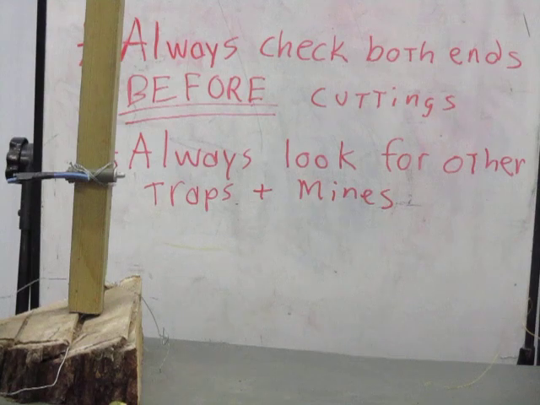Another thing that could come in handy is zip ties. Someone laughed at this as an option. It does work for immobilizing some of the pull rings and stuff like that on a booby trap, depending on how it's set up.